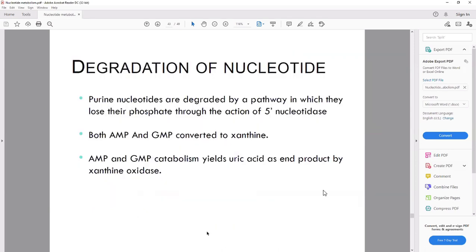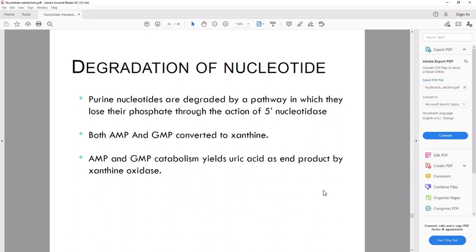Now we know that the salvage pathway utilizes the degradation product of nucleotides. So now let's look at the degradation pathway. Purine nucleotides are degraded by a pathway in which they lose their phosphate through the action of 5' nucleotidase.